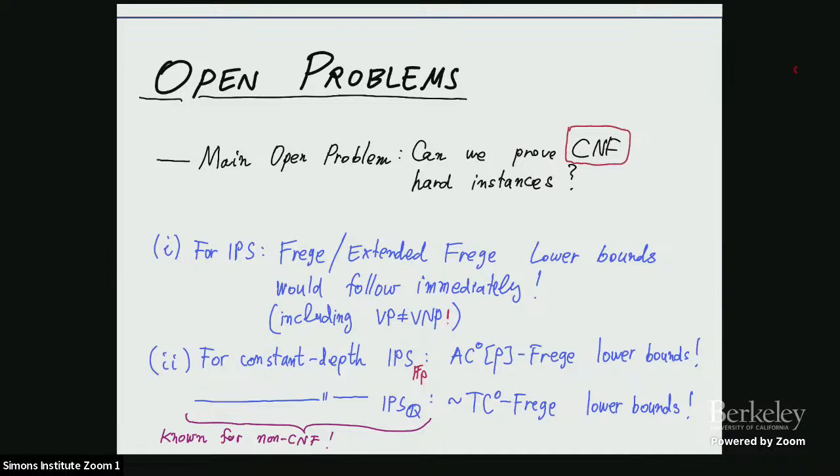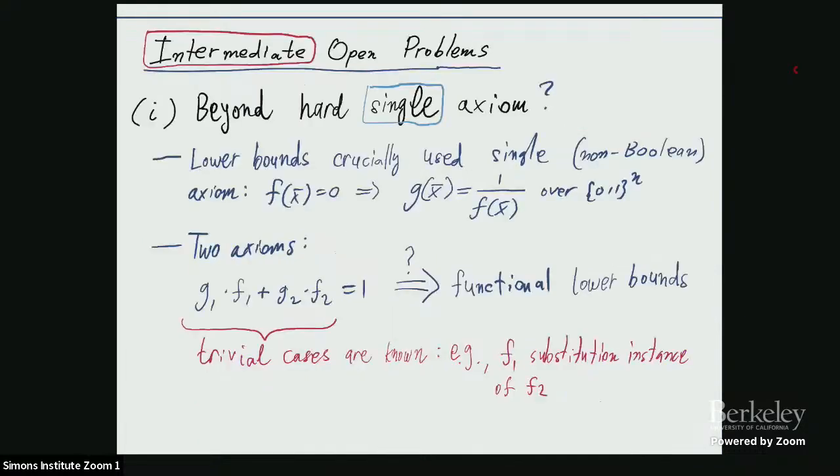But for constant depth IPS, I think there is still hope. We have constant depth IPS lower bounds for a large enough field. And I think it may help in TC0 Frege lower bounds and so forth, or AC0[p] Frege lower bounds, if we get the CNF.